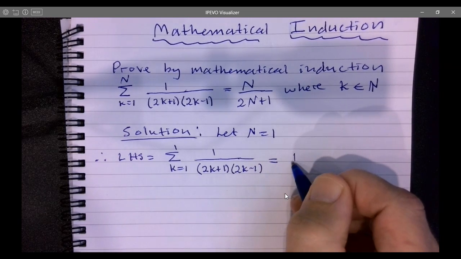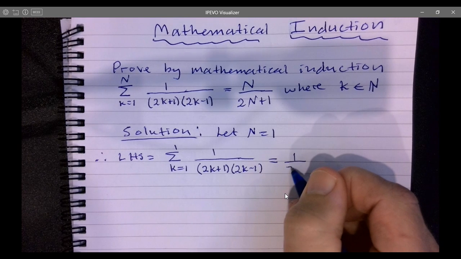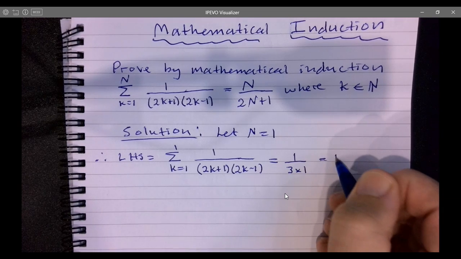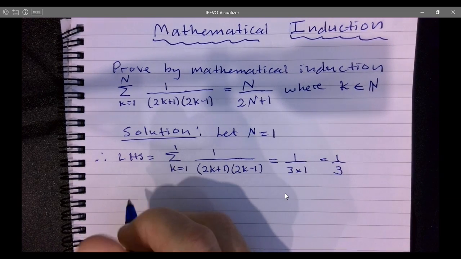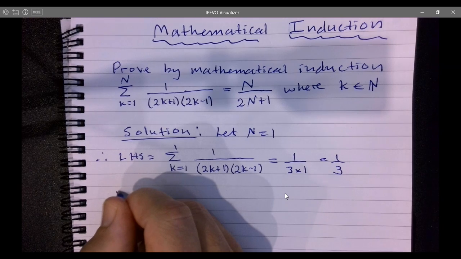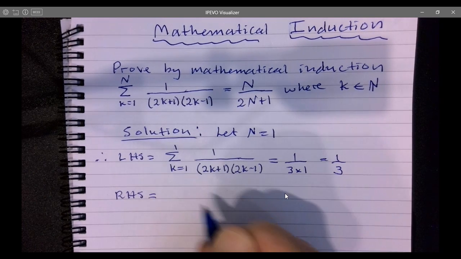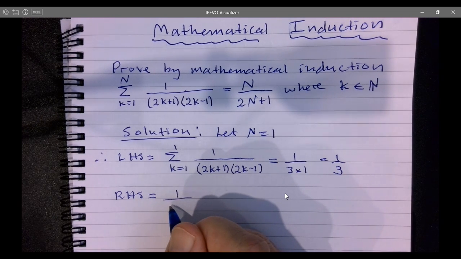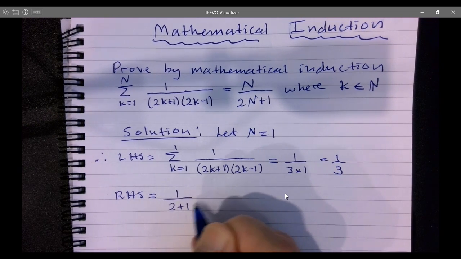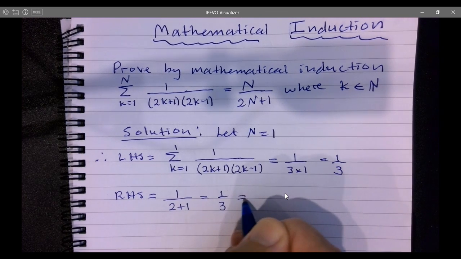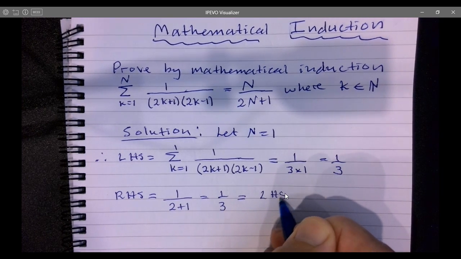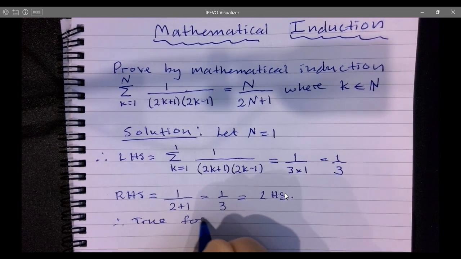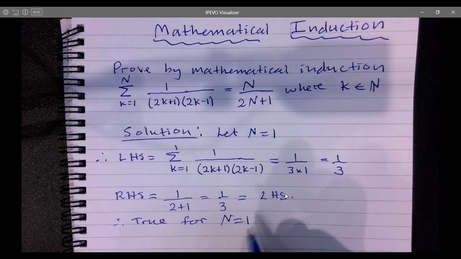So just subbing in k equals 1 there, you're going to get 1 over 3 times 1, and that's equal to a third. And then we have the right-hand side. Right-hand side will be 1 over 2 times 1 plus 1, which is a third, which is obviously equal to the left-hand side. So therefore, true for n equals 1.